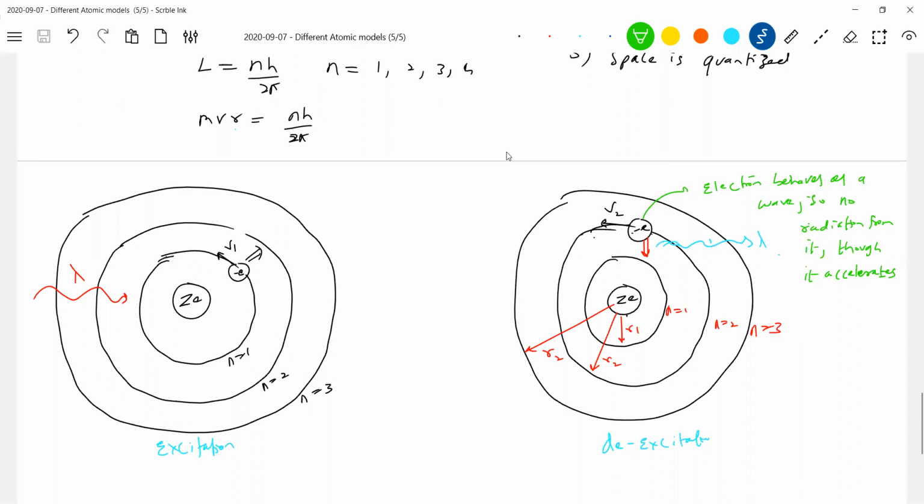Bohr's atomic model failed to explain the Zeeman effect, the shell concepts, and subshells. As technology improved, we were able to see the subshells, which he was unable to explain.